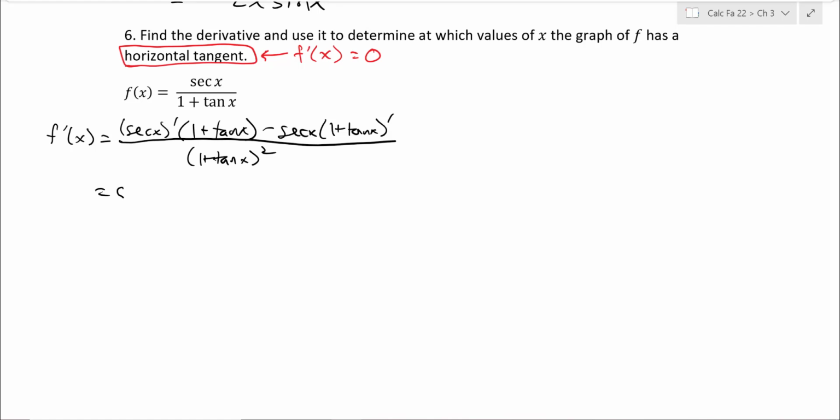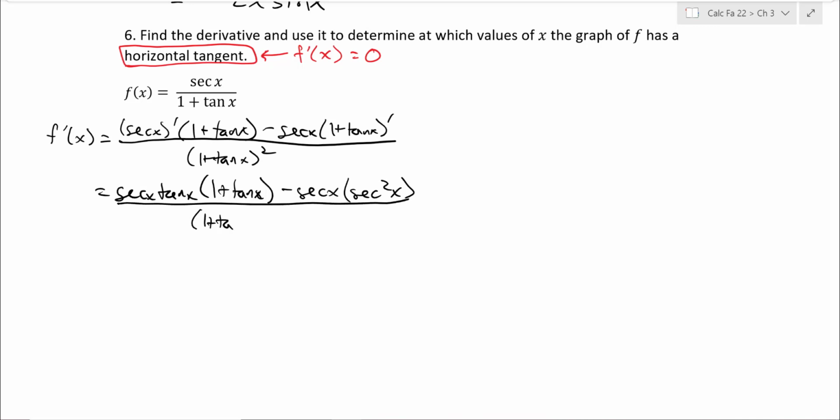Derivative of secant x goes to secant x tangent x, then times 1 plus tangent x, minus secant x. Derivative of 1 would be 0, derivative of tangent x, so we're multiplying by a secant squared x, all over our 1 plus tan x quantity squared. We'll kind of drag that with us the whole way.